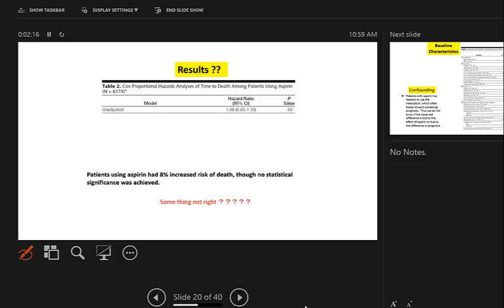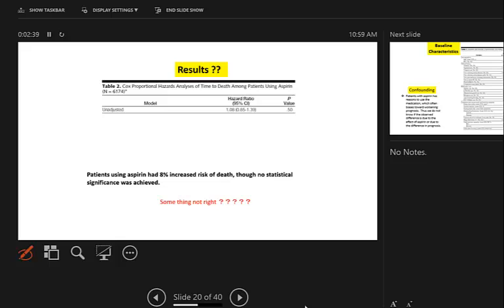What is O? That's death. Okay. And this is a prospective cohort study. So they had time to death as an outcome and conducted Cox regression and gave a ratio for the instantaneous risk of dying. So if you have aspirin, it increased the risk of dying by 8% compared to people who do not use aspirin. Okay?